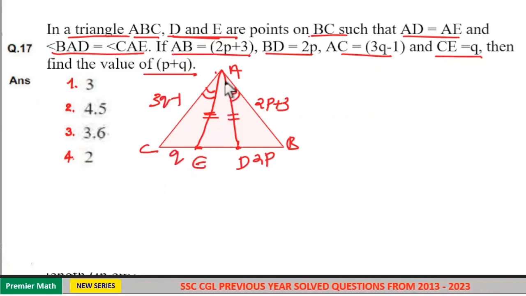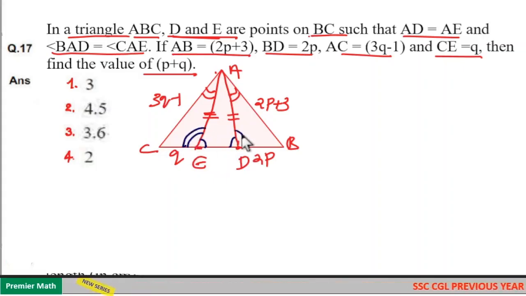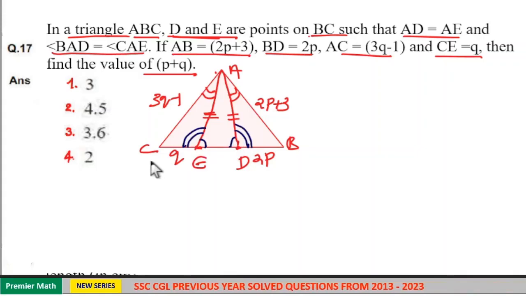Here you can see these two sides are equal, which means these two angles are also equal, which means these two angles are also equal. That is, this angle is equal to 180 minus this one. Here also this angle is equal to 180 minus this one.